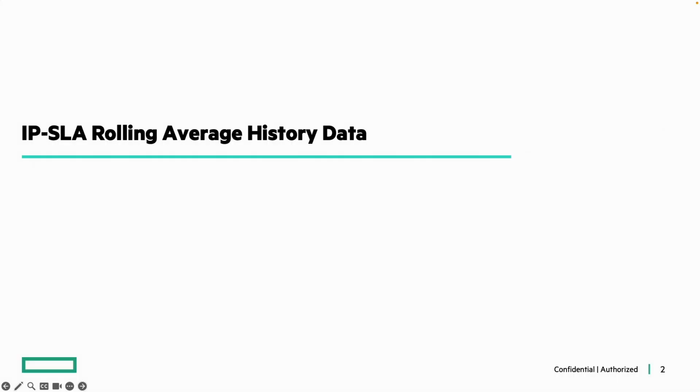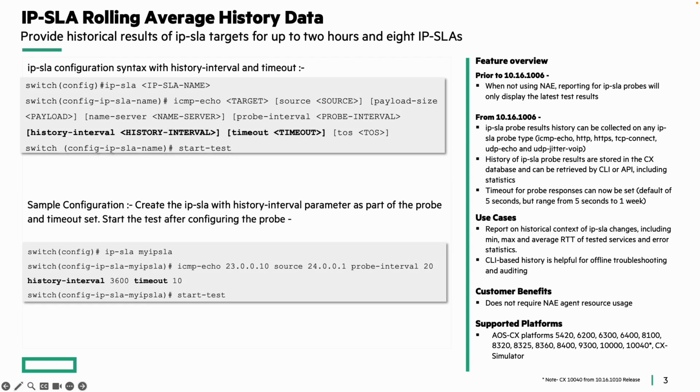First up, we will look at the new IPSLA rolling average history data feature. As you are probably aware, we have had the ability to use NAE to record IPSLA histories and calculate averages for a variety of IPSLA types for quite some time. However, getting this set up was not a trivial task, and we'd have to go outside the IPSLA environment to record the long-term results and calculate those statistics.